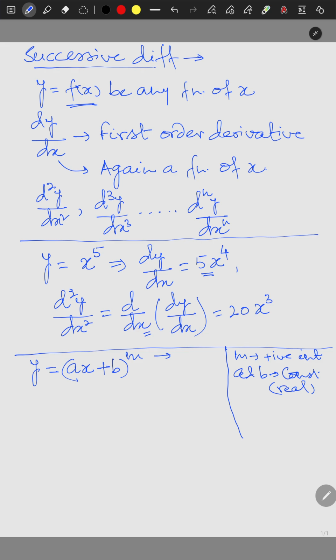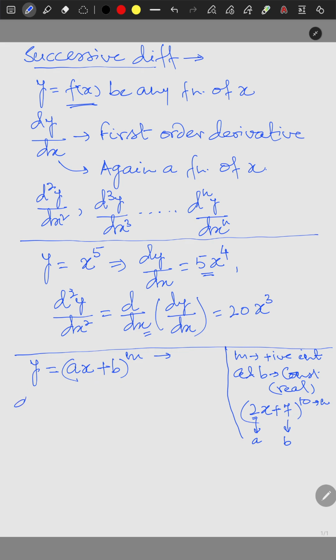For example, a function like (2x + 7) to the power 10. Here you can see this is the value of a, this is the value of b, and this is the value of m. So we are talking about the derivative of a function of this form.